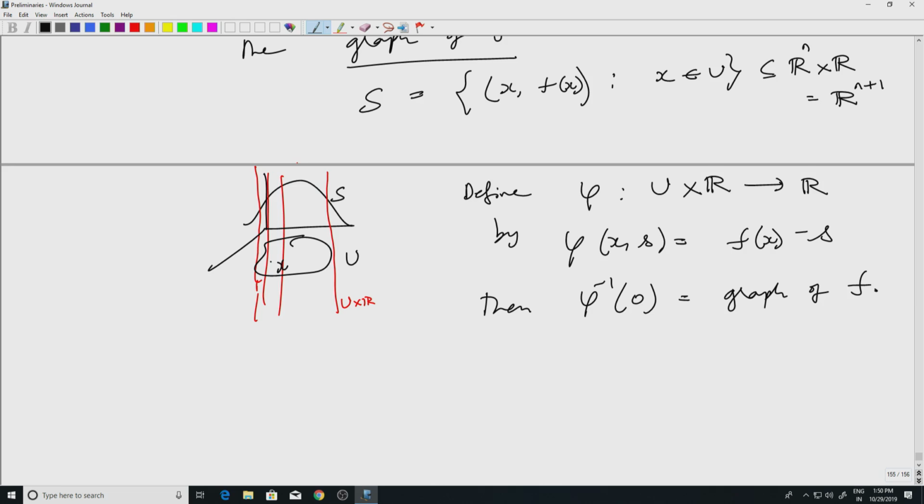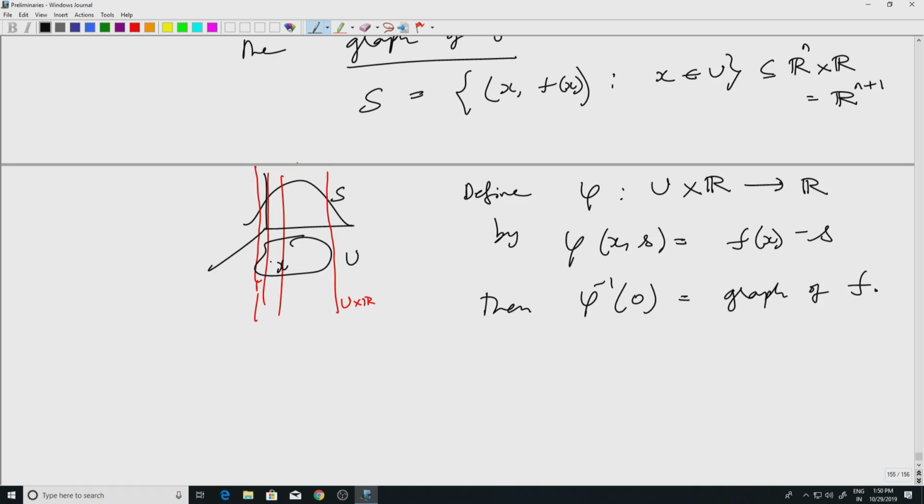Now I'd like to describe this as the level set of a function which is defined on U cross R. Notice that U cross R is an open subset of R^(n+1). So on this open subset I put the function phi of (x, s) equals f of x minus s.